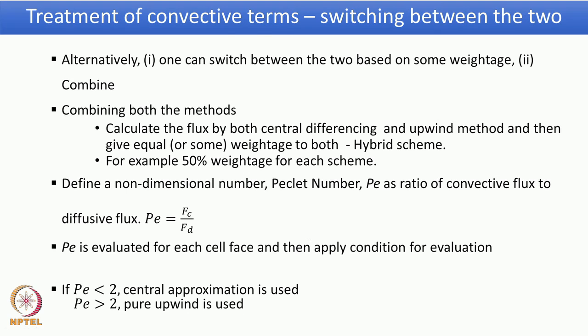If Pe is greater than 2, which means the numerator is very high and the denominator is very small, that means convection is dominating, hence you can switch to pure upwinding. This condition you can also incorporate in your own code, deciding based on the Peclet number, defined as the ratio of convective flux to the diffusive flux.